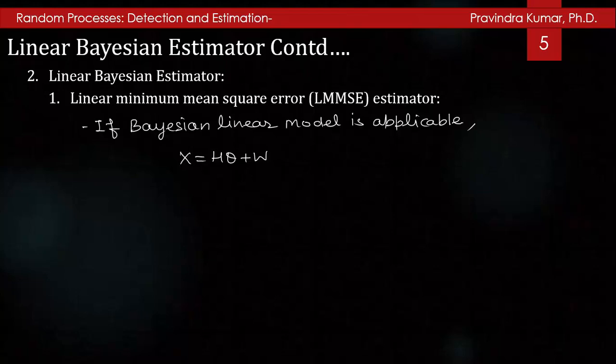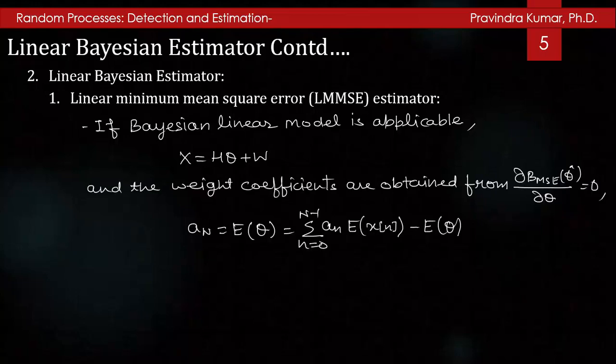So if the Bayesian linear model is applicable, we can write X equals H theta plus omega, and the weight coefficients are obtained by differentiating the BMSE of theta cap and setting it equal to 0.